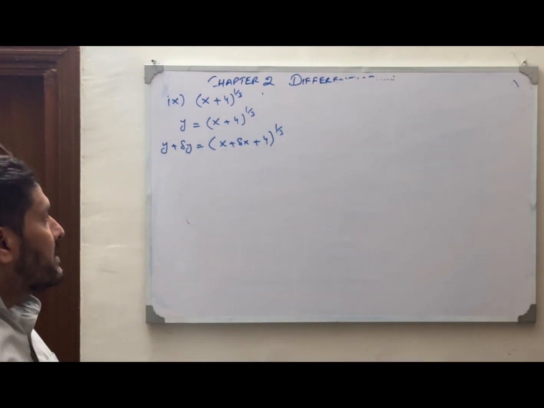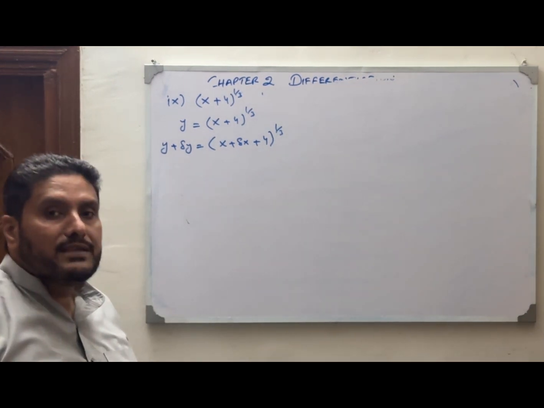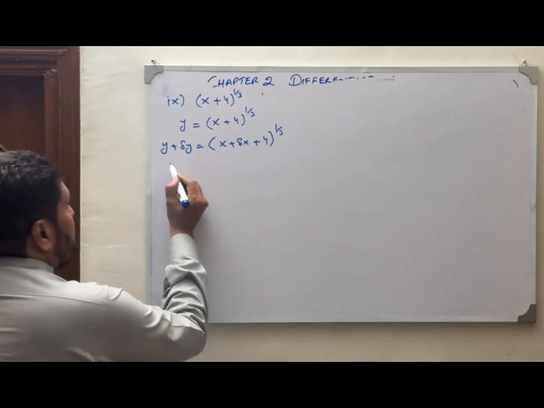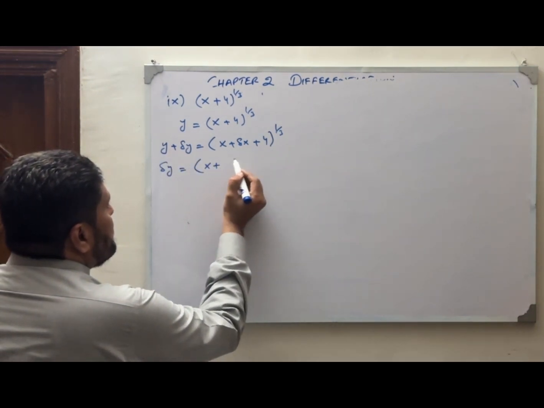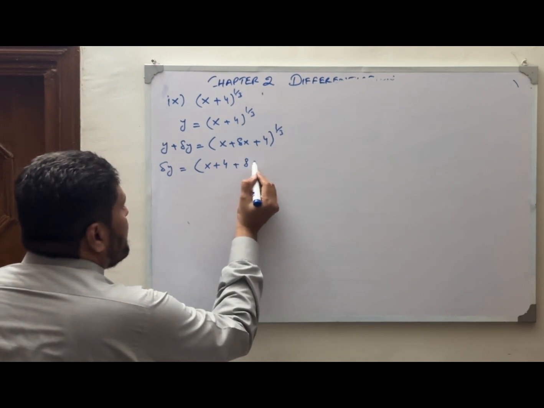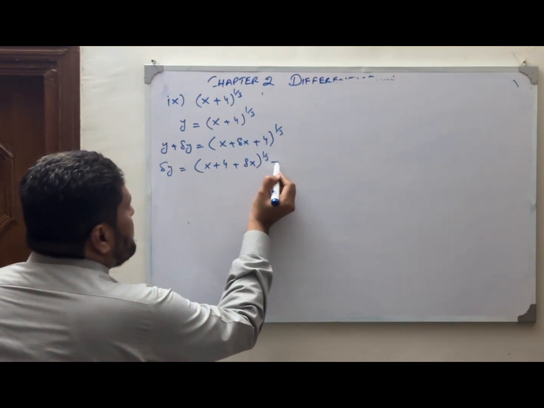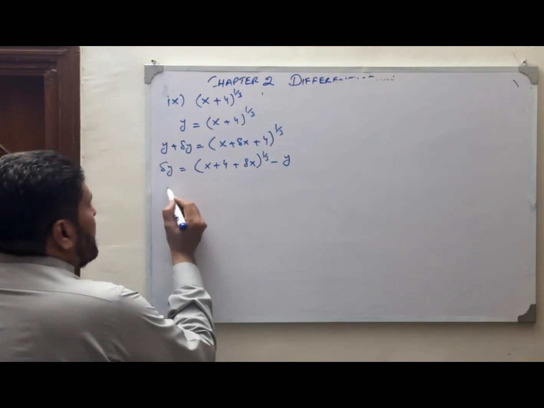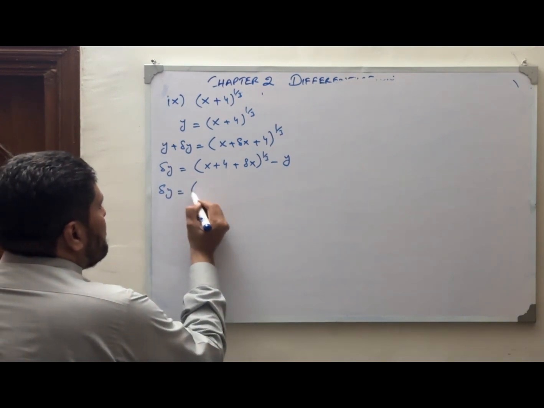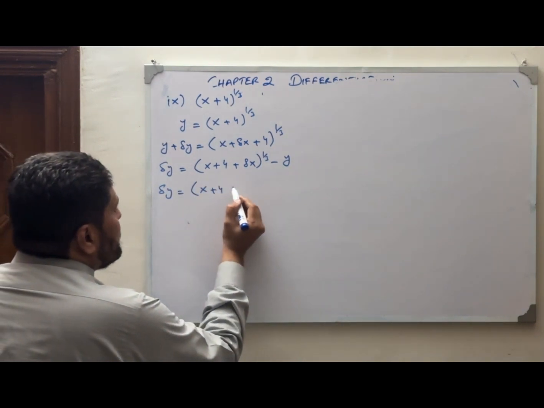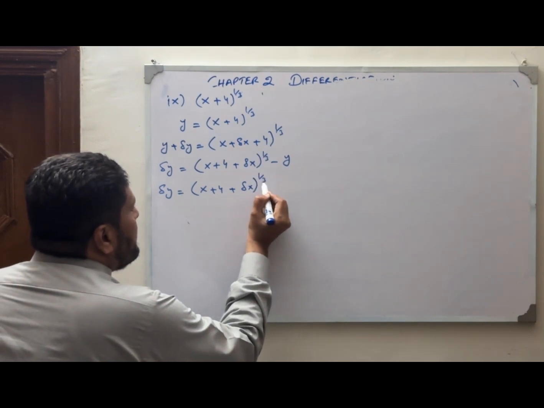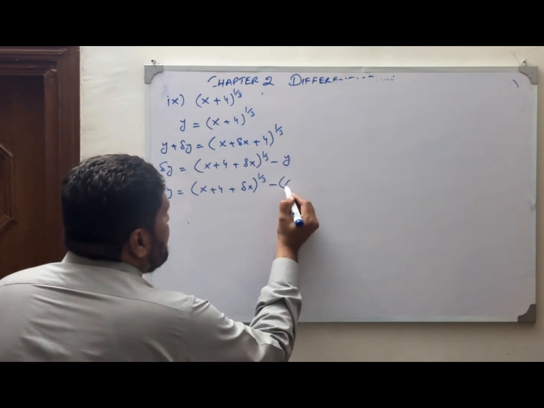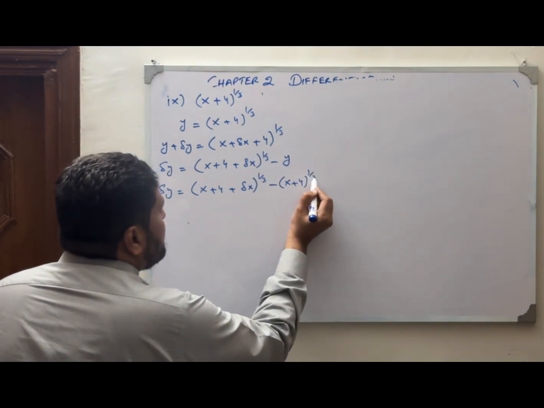So by moving y to the other side of the equation, we have delta y is equal to x plus 4 plus delta x whole power 1 by 3 minus y, and then by putting the value of y, this will become x plus 4 plus delta x power 1 by 3 minus x plus 4 power 1 by 3.